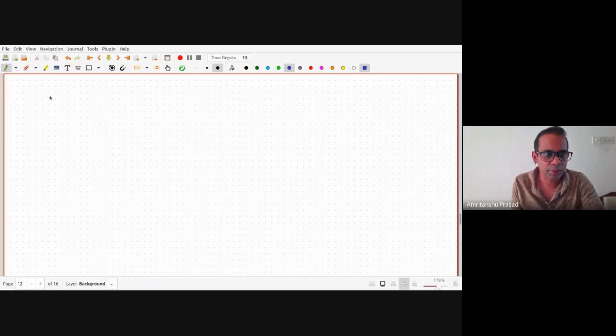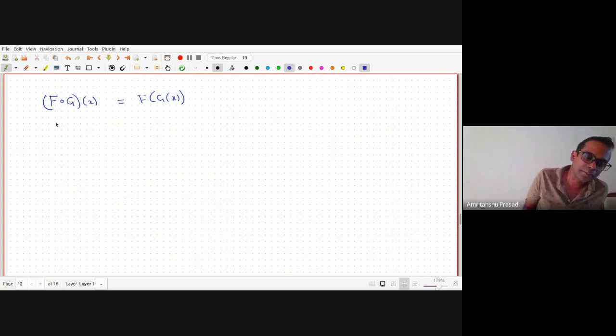So this one is easy: F circle G of x is F of G of x. But this thing turns out to be quite a bit more complicated. Now I have x1, x2, not just x.